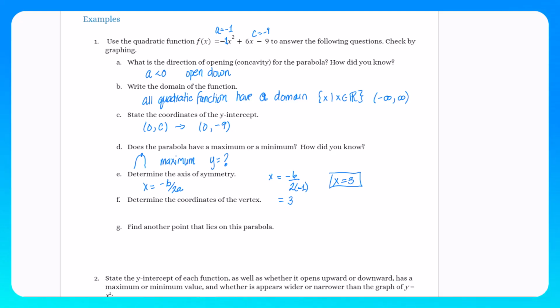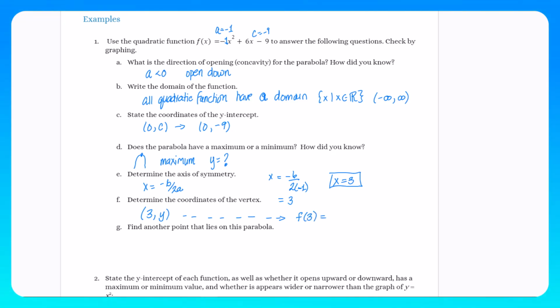Well, what about the coordinates of the vertex? Because we know the axis of symmetry, we know that the coordinates of the vertex must be 3 with some value of y. So we're going to say, what is the f of 3?